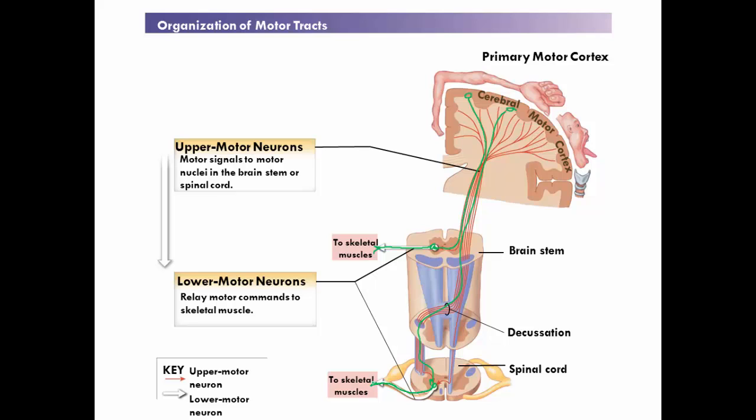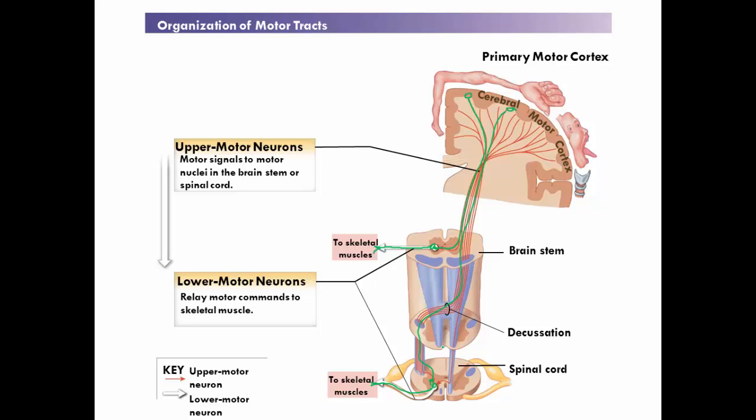And lower motor neurons always excite the skeletal muscle effector to contract. So these are always sending excitatory signals. Upper motor neurons can send either excitatory or inhibitory signals. So it can either tell our lower motor neuron to make a signal, or it can prevent our lower motor neuron from signaling.